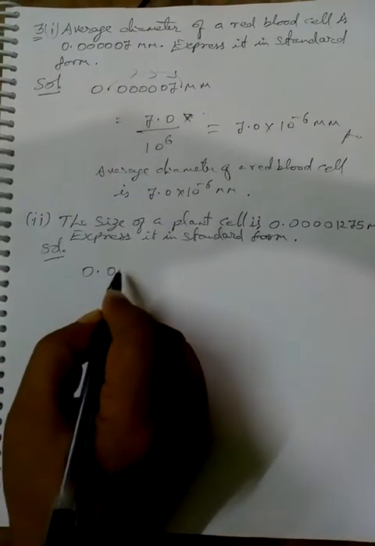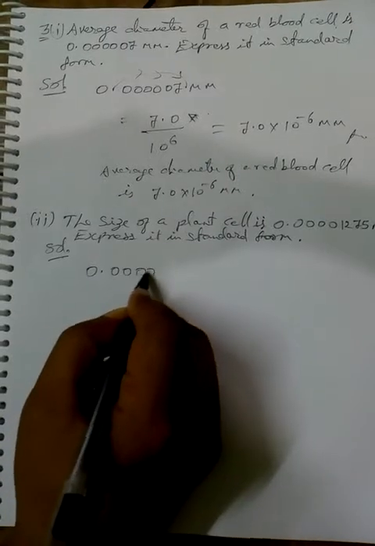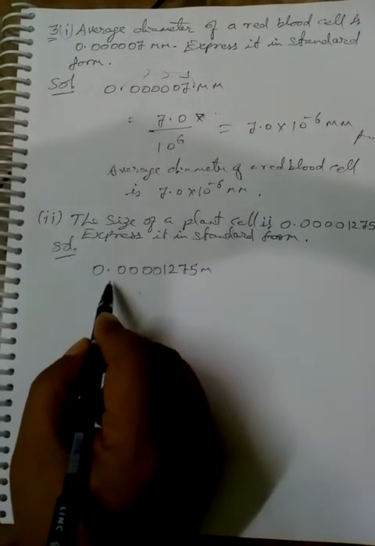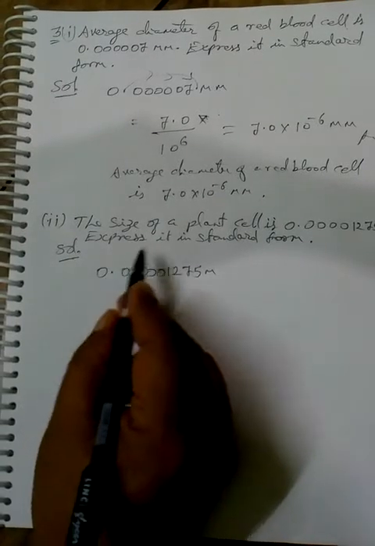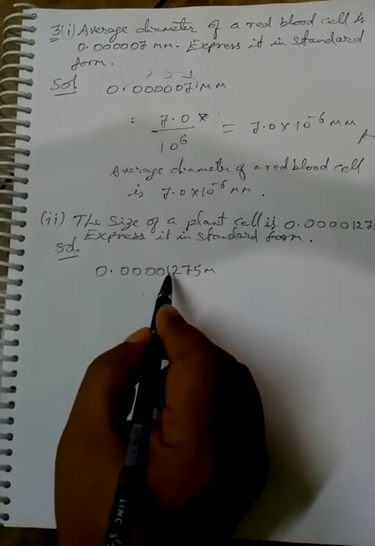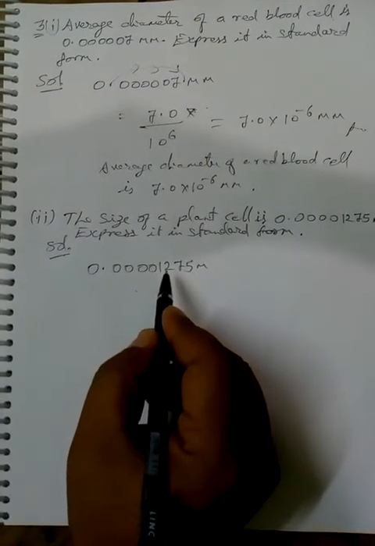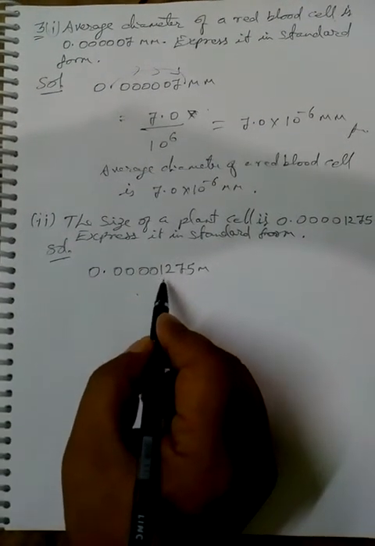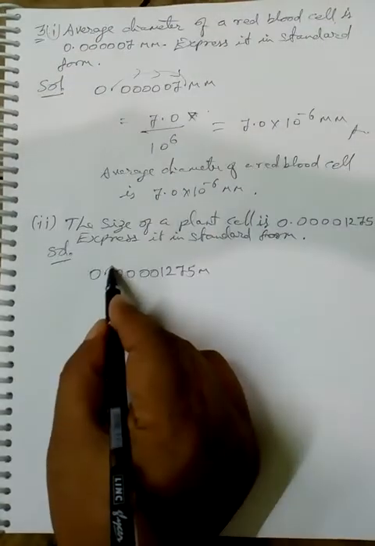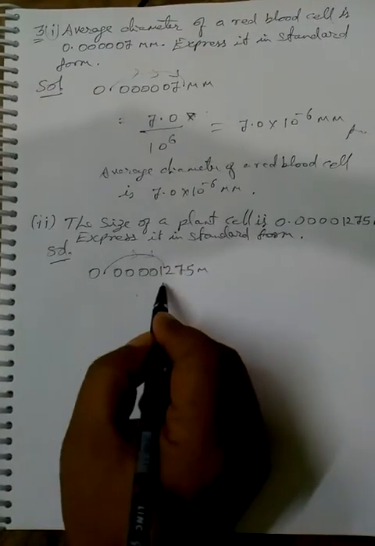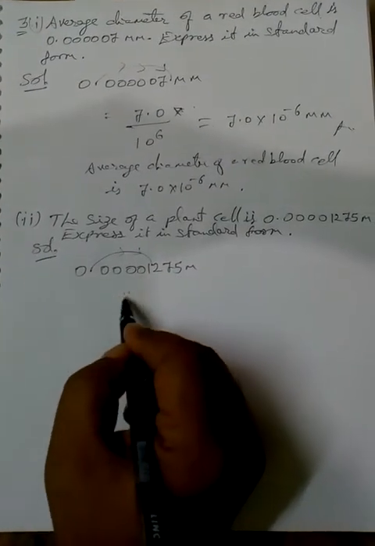We will do this in the same way. Write 0.00001275. Then move this decimal place towards the right side till you reach one digit that is greater than or equal to 1. So it will be moved to this place. After that the number will be 1.275.